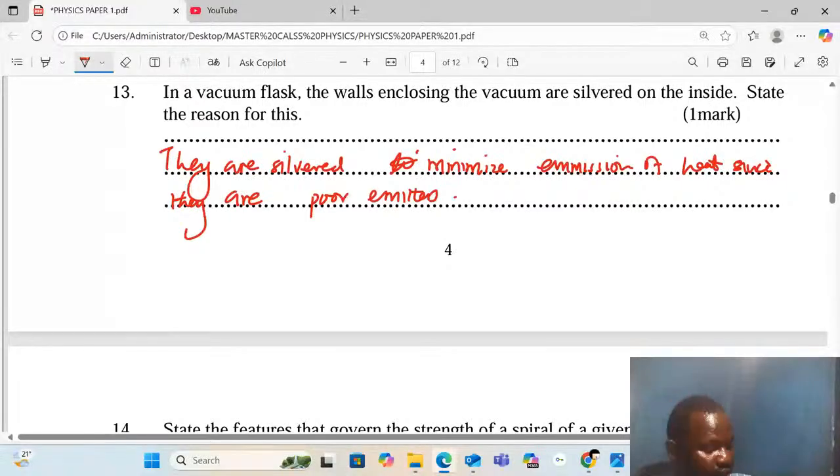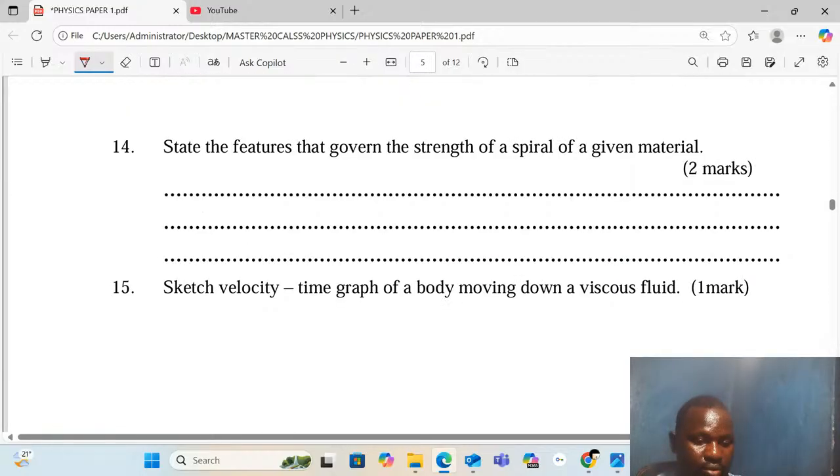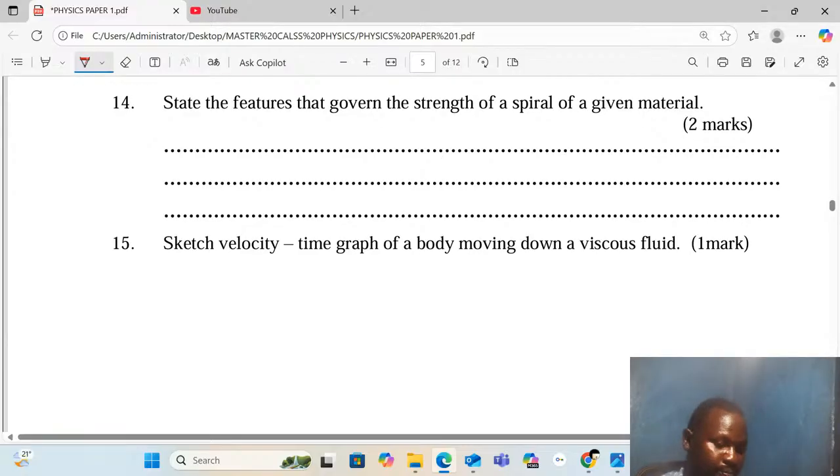Then we have question 14, which reads, state the features that govern the strength of a spiral spring of a given material.